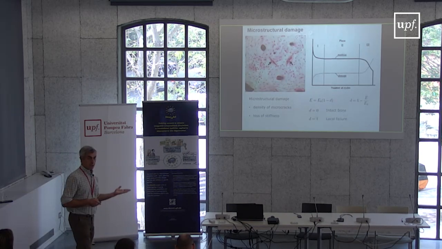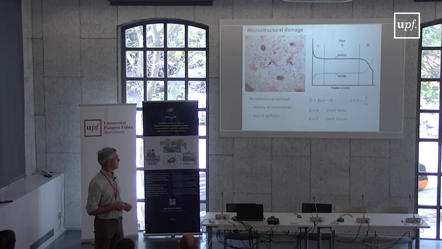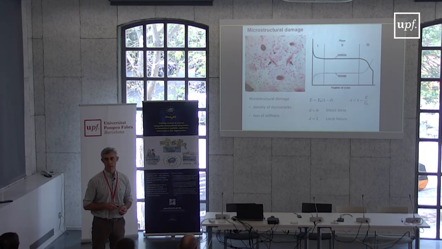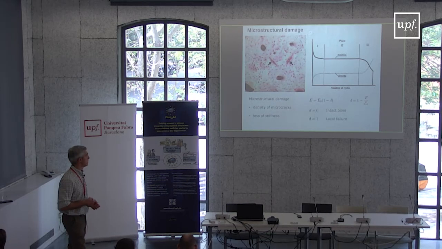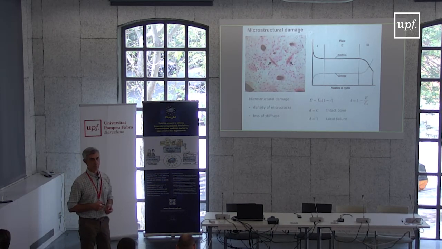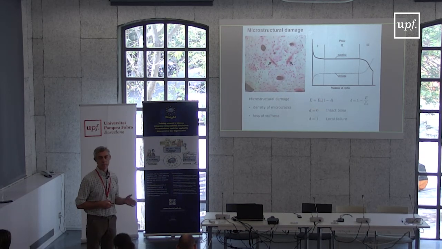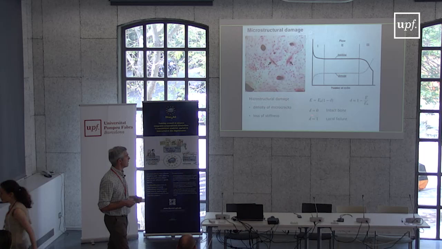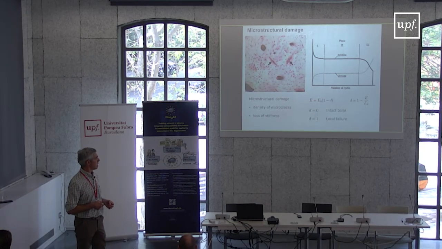We consider damage from a mechanical engineering perspective. We use basically continuum damage mechanics, where the damage variable is a measurement of the density of microcracks, but also the loss of stiffness. So damage, as you can see, it controls the relationship between an intact Young's modulus and the current Young's modulus.